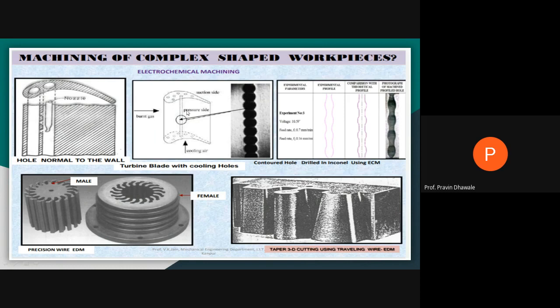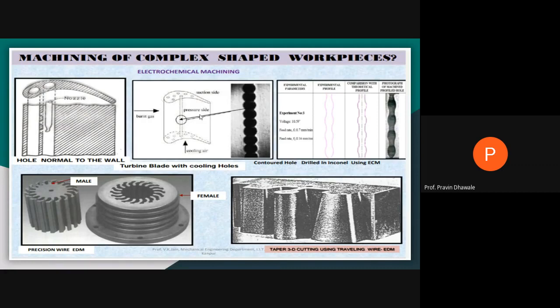This will be the suction side, and the burnt gases will be passing over this turbine blade. Because of that, the temperature of this turbine blade will increase, and it may affect the properties of this material. So, in case of the turbine blade, we require a high strength material for manufacturing.